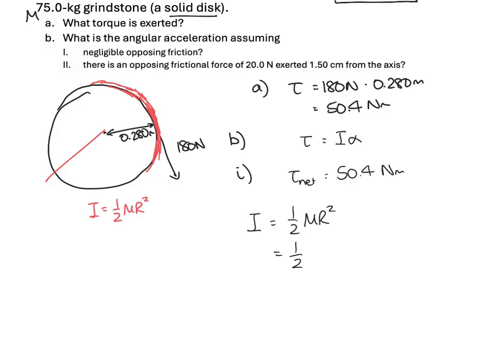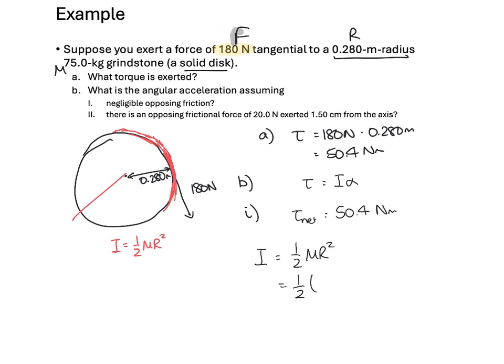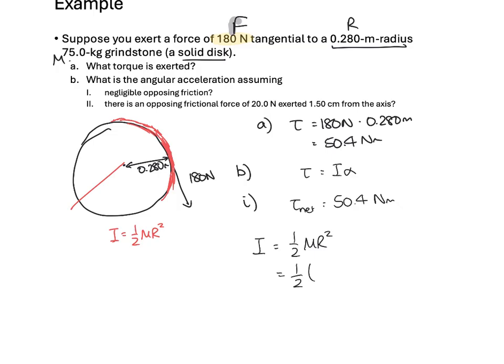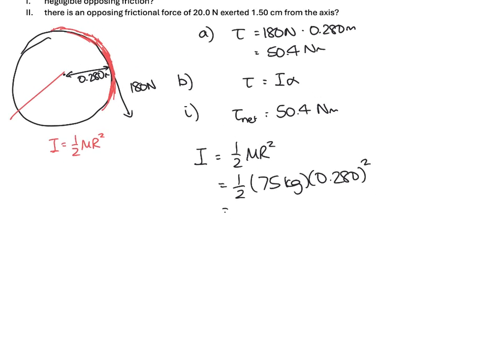So that's half times the mass, which up here we found was 75 kilograms. R is 0.280 squared. Number has to be in meters. So over here I have 2.94 kilogram meters squared.